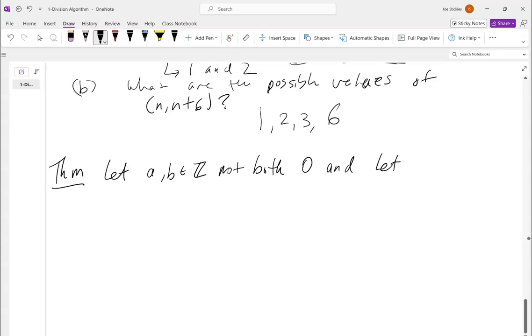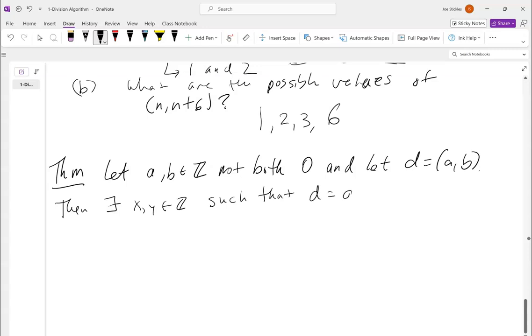And let's I'll call it D, be the GCD of A and B. Then there exist X and Y in Z such that D is equal to AX plus BY.